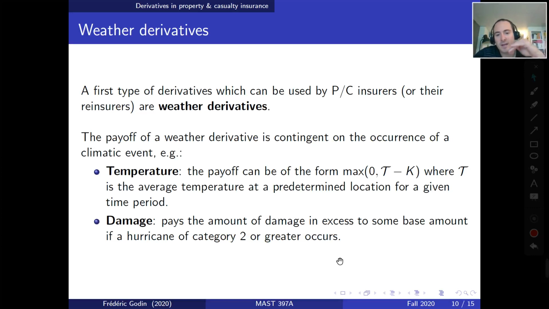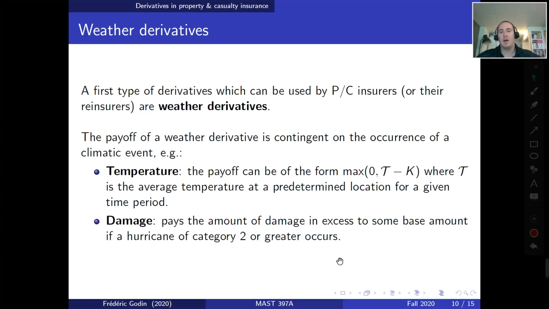But if there's a hurricane of category 2 or more, the payment is either zero if there's no damage or if the damage is below some fixed level K, or the damage minus K if the damage exceeds the level K. So this acts like a call option where the strike price is the damage threshold and the underlying quantity is the amount of damage made by the hurricane.